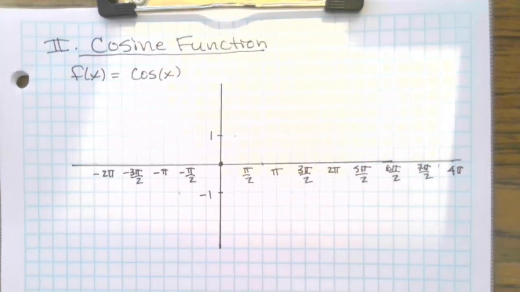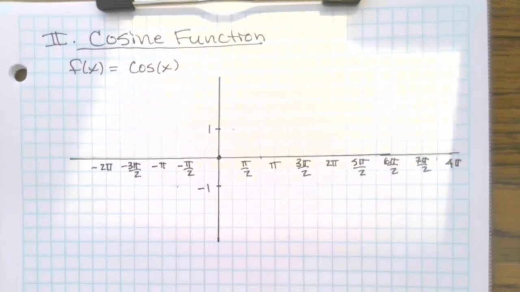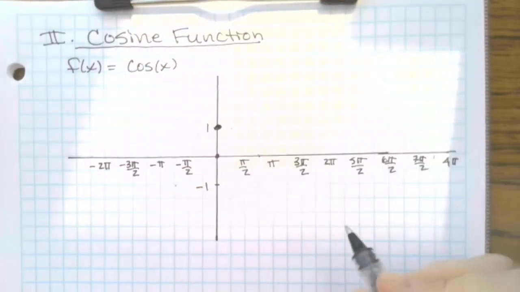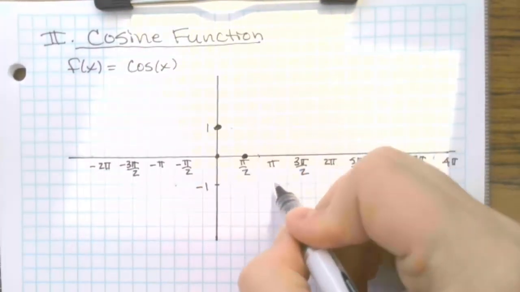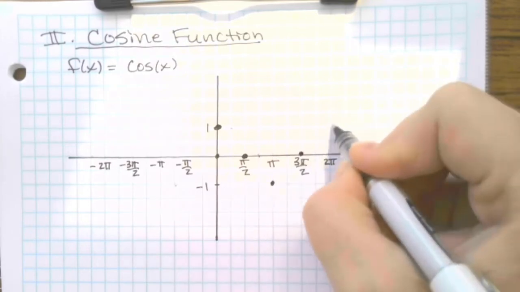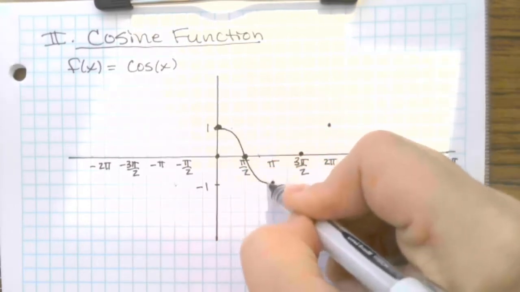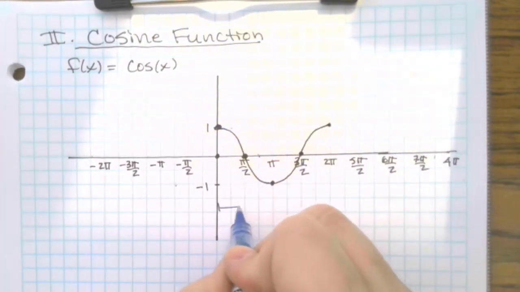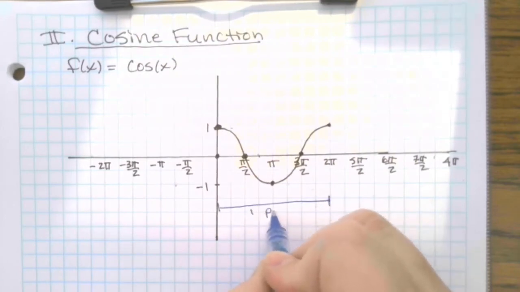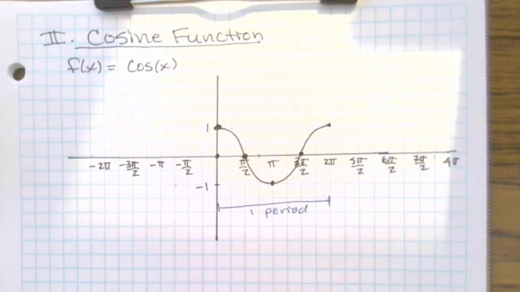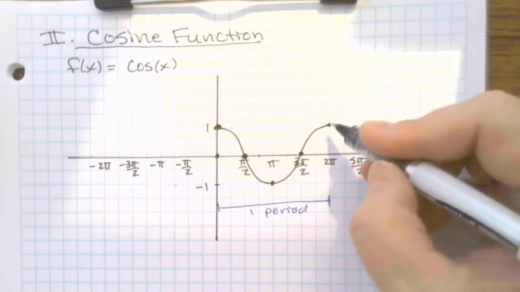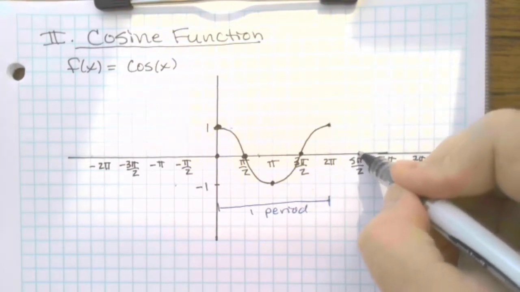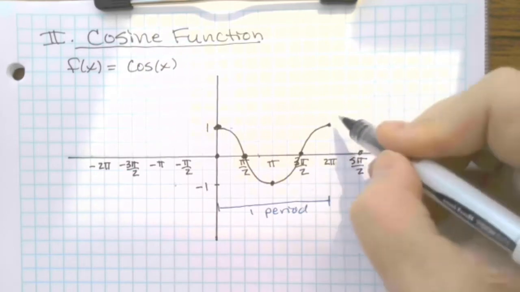So your cosine function wave looks just like a sine wave, except that it starts at a different point. A cosine wave starts at 0, 1, because cosine of 0 is 1, and you've memorized that. Starts at 1, and then it looks the same. So it hits 0, negative 1, 0, and up 1. So for a cosine wave, that is 1 period. It's 2 pi, but it just starts at a different place. Let's keep going. So we have 0, negative 1, 0, up again.